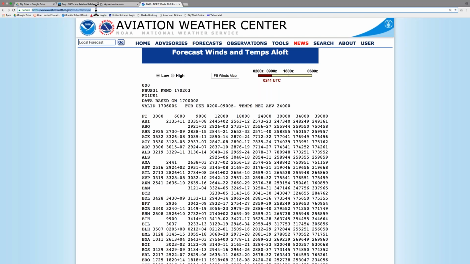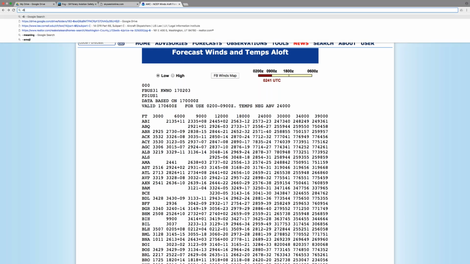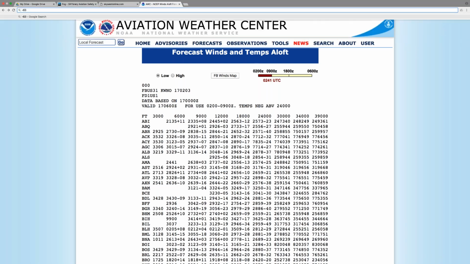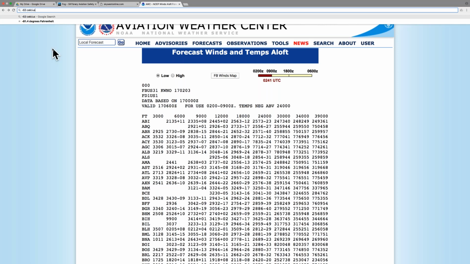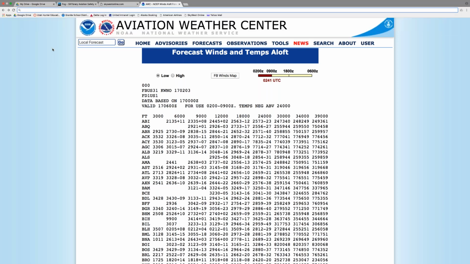Just type in negative 63 Celsius and then hit enter. Oh my gosh. Look at that. I'm completely blown away by it right now. Pretty slick. They put a bunch of stuff in there. Like if you type in a math problem, it automatically calculates the answer as you go.